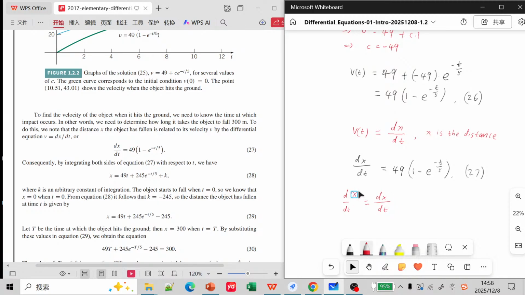So the result is x, because x's derivative is this. So when we do the integration on the left side, the result is x.